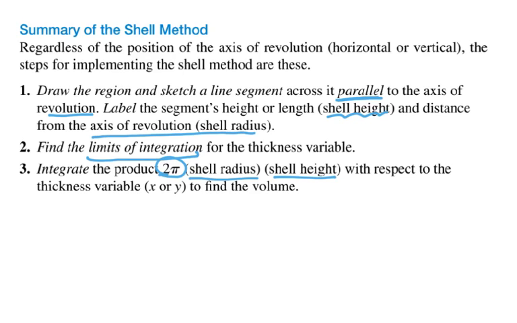What you need to remember is when the region is revolved around the y-axis, for example, and you're using washers, then you need to integrate with respect to y, and it may not be possible. Sometimes it's not easy to express your integrand in terms of y. And in such a case, the shell method is always going to allow you to integrate with respect to x instead.